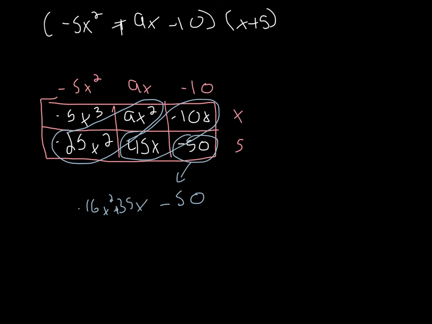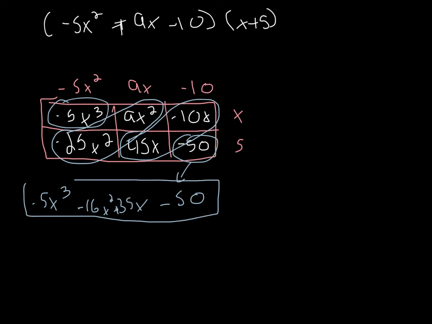Is that right? So 9 and 25 down 16, yep. Okay, so that is negative 16x squared. And lastly, we have negative 5x cubed. So our final answer is negative 5x cubed minus 16x squared plus 35x, as ugly as it is, minus 50. Okay, that's using the tabular method to multiply polynomials.